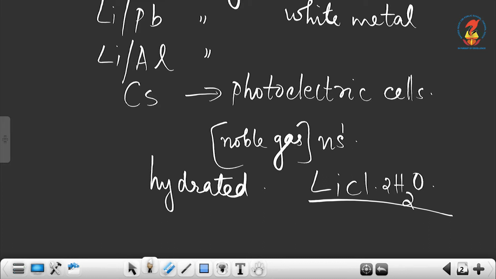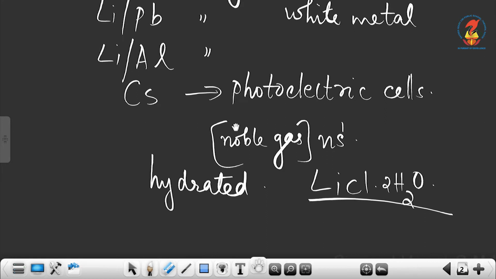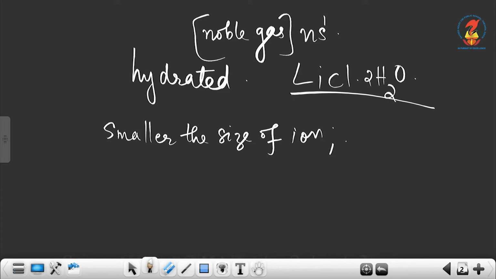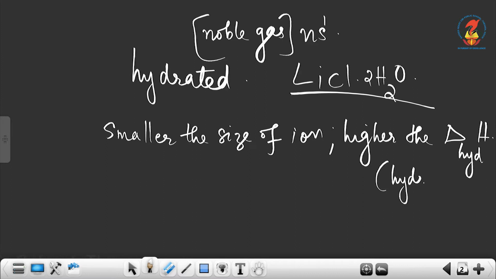Now, what is the answer for this? Smaller the size of the ion, higher the hydration enthalpy. So, this is a very important sentence, that is, smaller the size of ion, higher the hydration enthalpy, denoted as delta H hyd. This is hydration enthalpy.